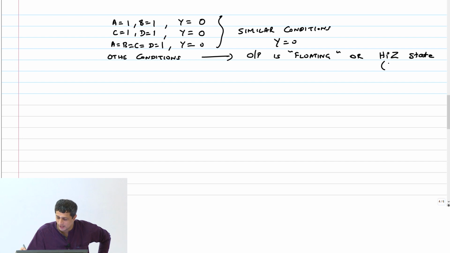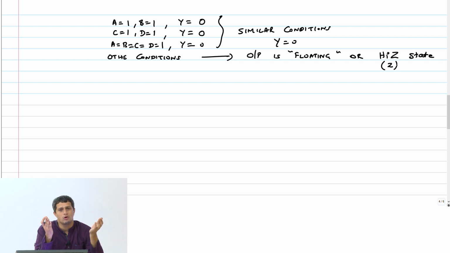And we basically represent this by Z. So typically high impedance means the output is going to float on a capacitor somewhere. Okay? So we'll use this at a later point.